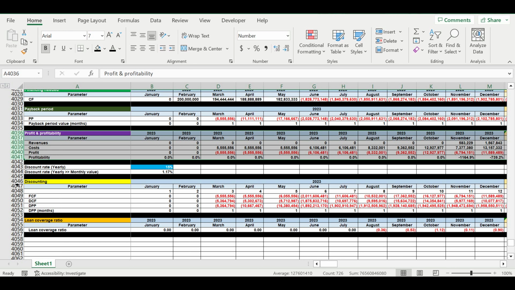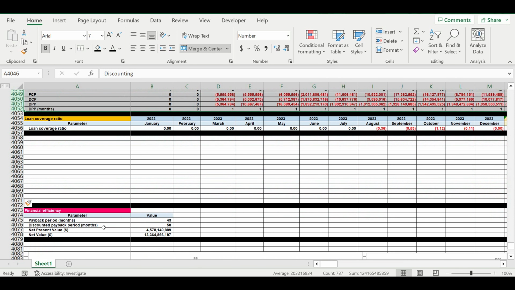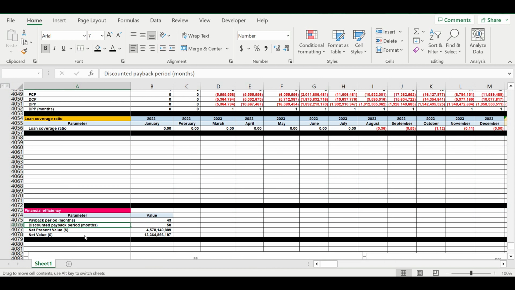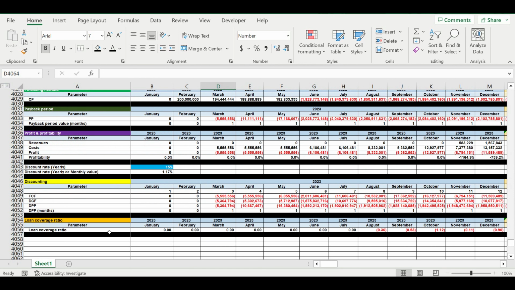Then we calculated discounted cash flow, and as a result we were able to get net present value. So we already calculated the simple and discounted payback period and net present value, and today we will be modeling some interesting ratios, profitability ratios.